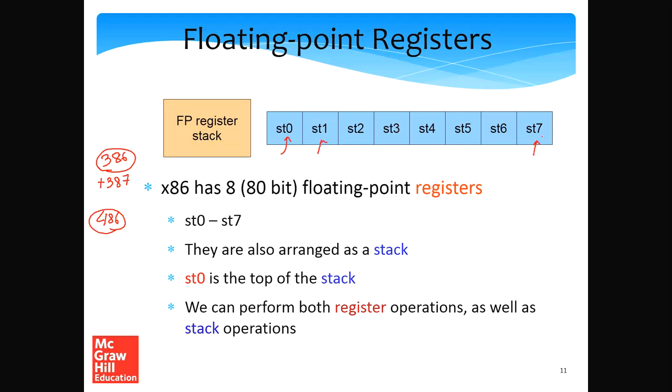The other way is that they can also be addressed as registers that are part of a stack, a separate stack called a floating point register stack. So the way that we can think of this is that inside the processor, we have 8 locations arranged as a stack.